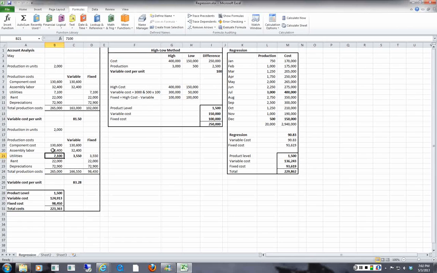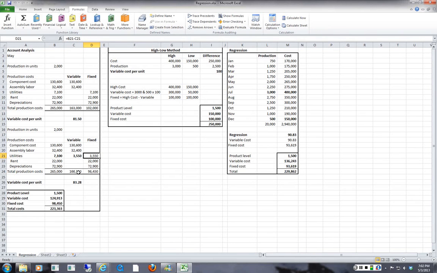So the accountant talks with the operating personnel, and they review it. Based on their analysis, 50% of that $7,100 is variable, and the other 50%, $3,550, is fixed. Then they say all the rest of it is fixed.